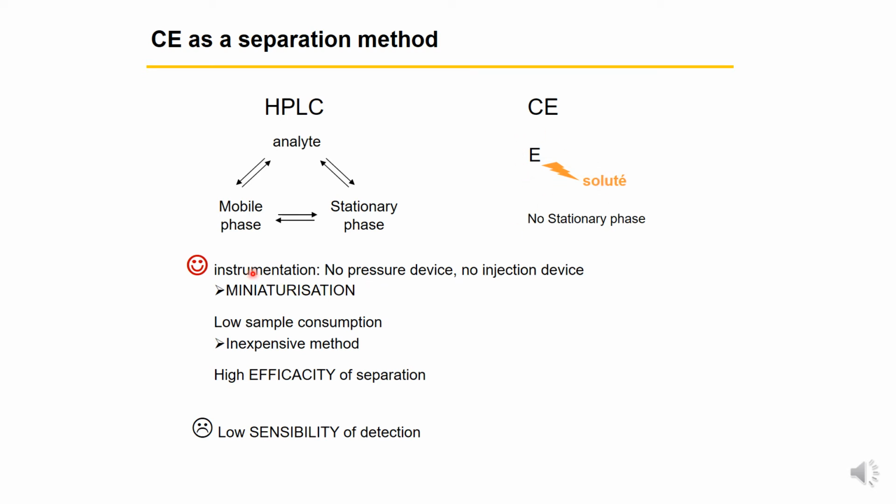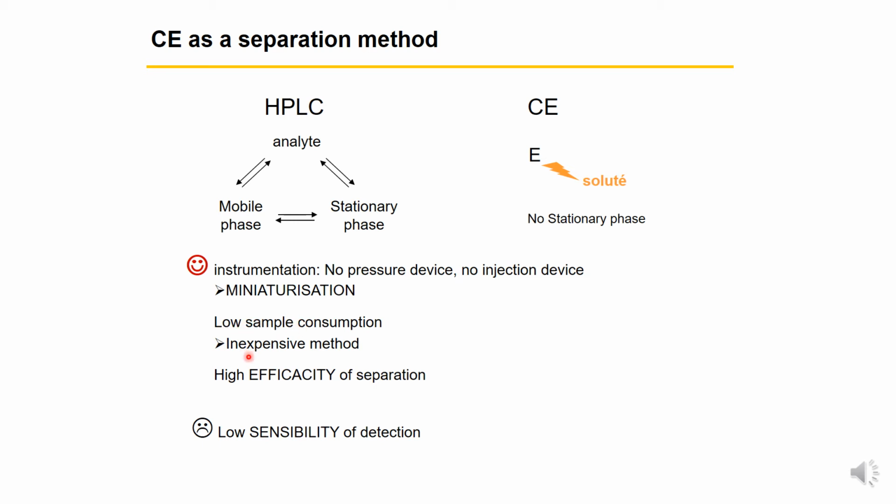Then concerning the instrumentation, we have no pressure device as compared to HPLC and no injection device. This is a miniaturized format separation method. Because of this, we have a low sample consumption and also a low solvent consumption.